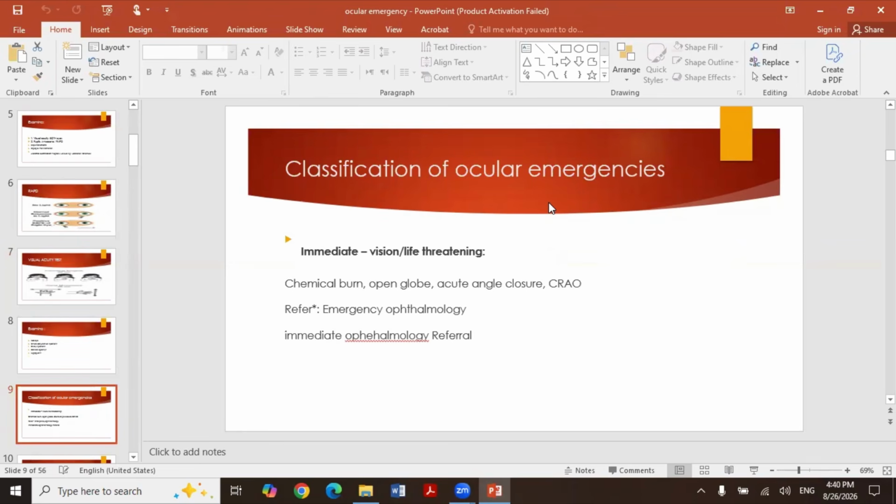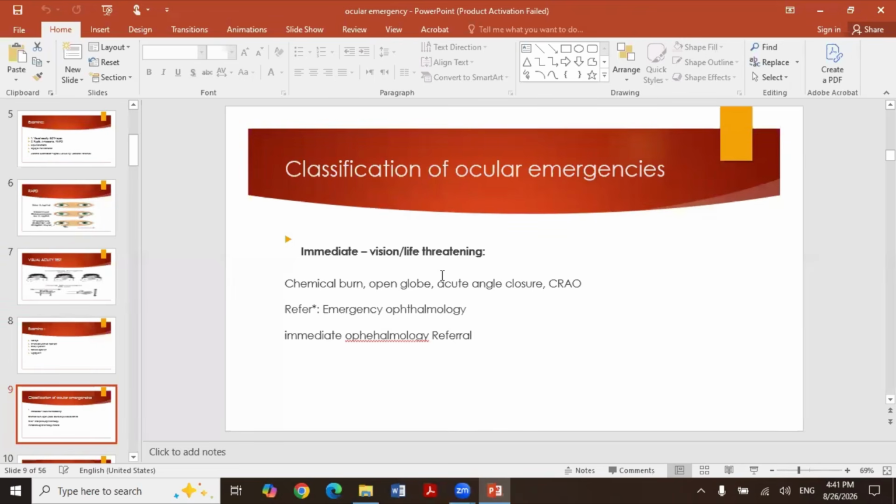I will classify the ocular emergency. The first is immediate life-threatening vision. These are very life-threatening cases. We should refer them to ophthalmology as soon as possible. And there is a second classification, and a third and fourth. I will just mention them, then we will go into detail case by case.